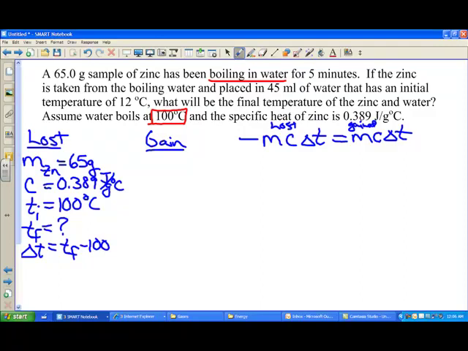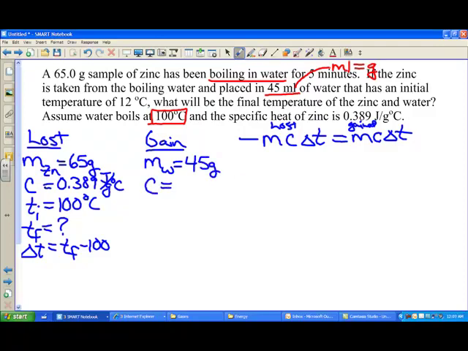Now on the gain side, it's the water. So I have the mass of my water. And now here's the only real trick in this problem, and it's not meant to be tricky. You have 45 milliliters. You need to remember that milliliters equals grams for water only. So you have 45 grams of water.